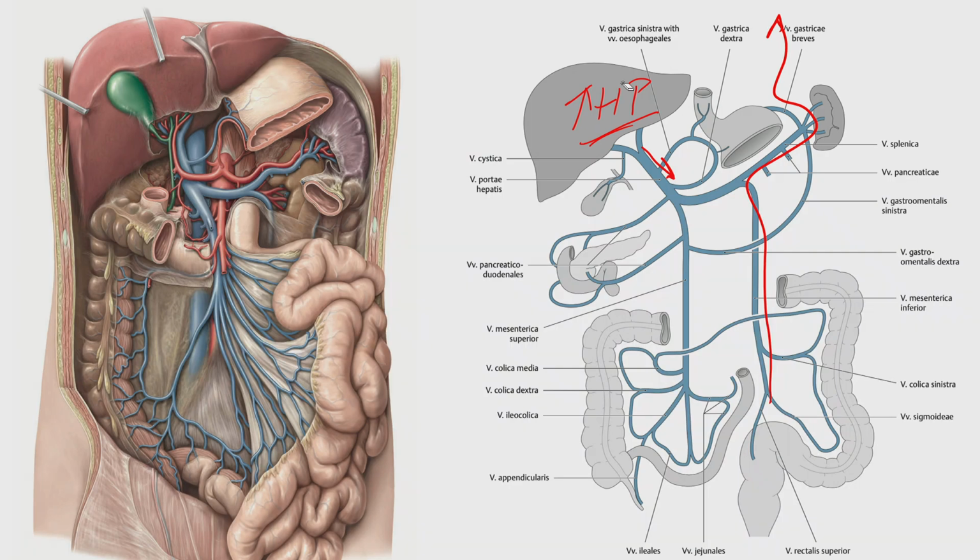And here we have some localizations where there are natural communications with the other systems. One is here, and the second is here. One is at the interface between stomach and esophagus, and the second is in the rectal region, in the anal channel.